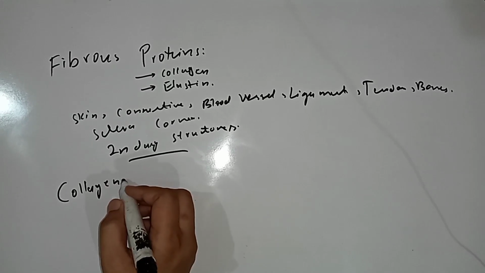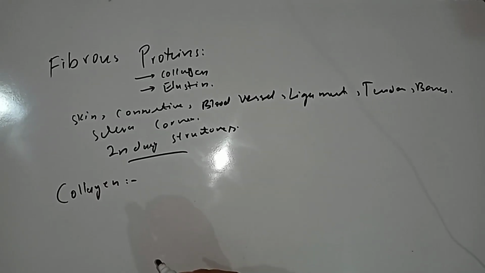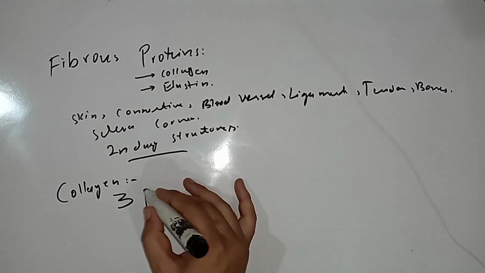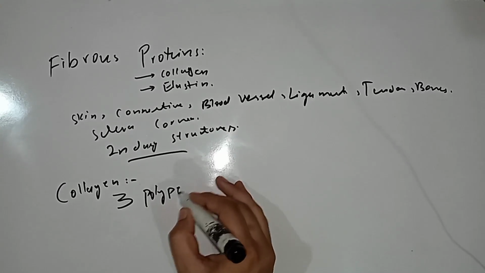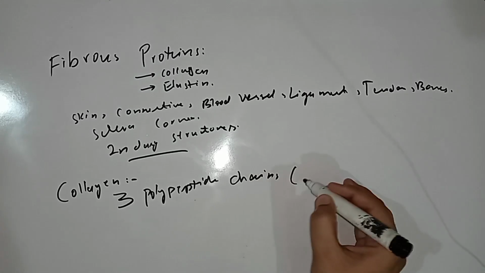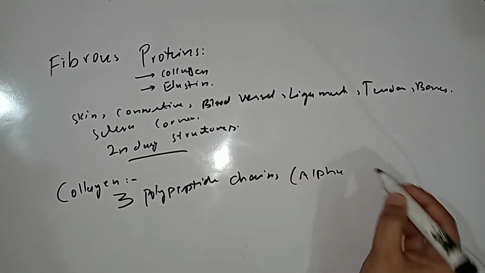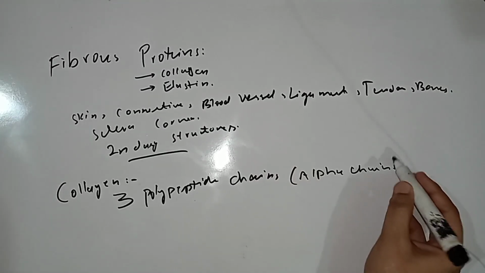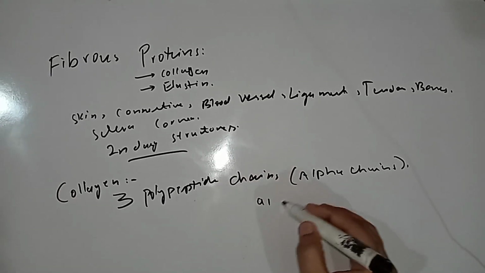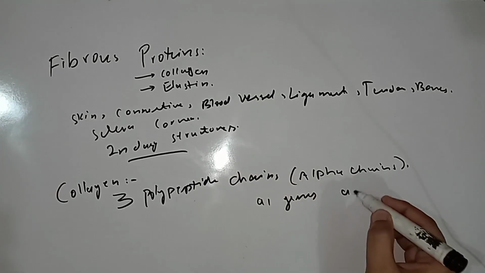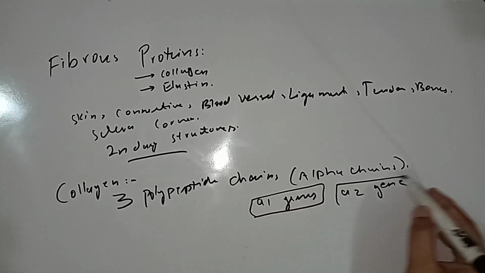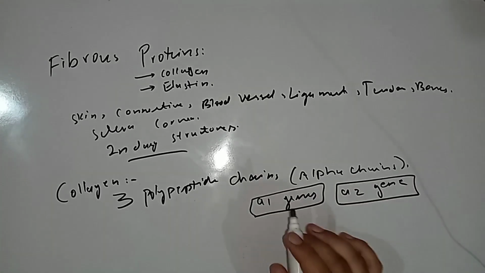So collagen is the principal structural protein present in the body, and it is a combination of three polypeptide chains. These three polypeptide chains are termed alpha chains, and these are coded by genes which you can call the alpha 1 gene and alpha 2 gene, which synthesize alpha chains of the alpha 1 variety or alpha 2 variety.